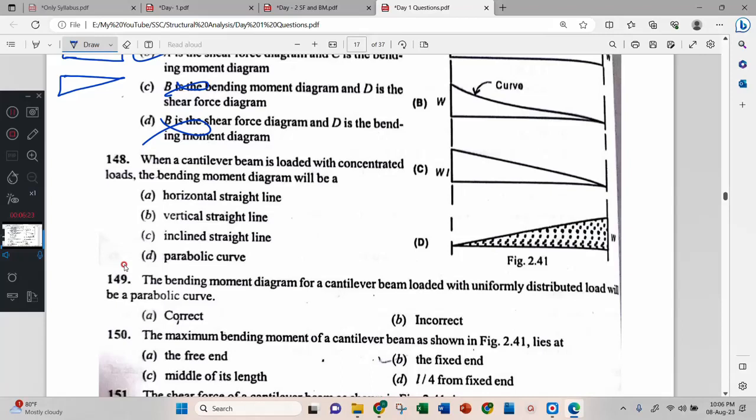See here, a cantilever beam is loaded with concentrated loads, one load here, one load here, one load here. Correct, inclined is the correct one. The bending moment diagram will be inclined straight lines.